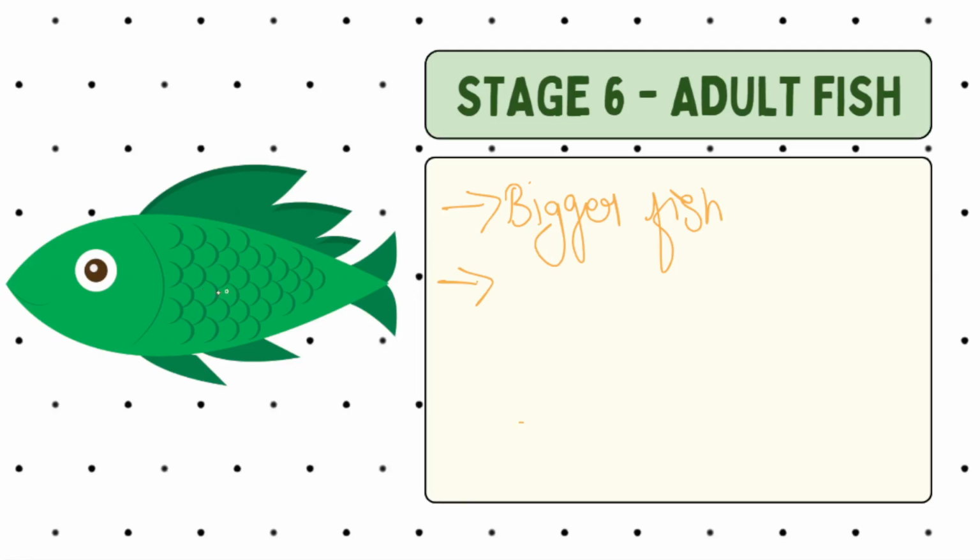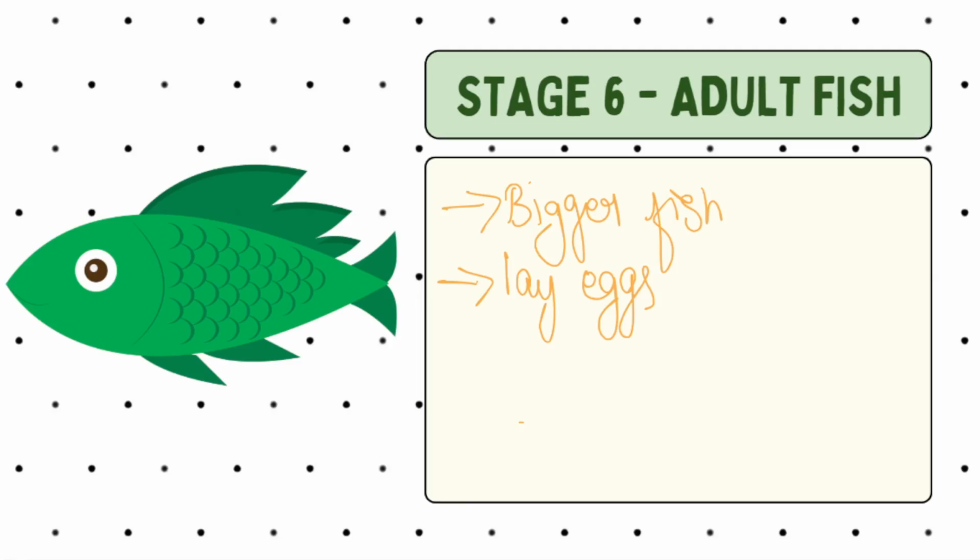Yes. What does an adult fish do? Lay eggs. Again this adult fish lays eggs and the process continues. Okay, and the cycle starts again from the beginning. As I told you, laying eggs, then embryo is formed, then larva, then fry, then fingerling. So again the process continues.